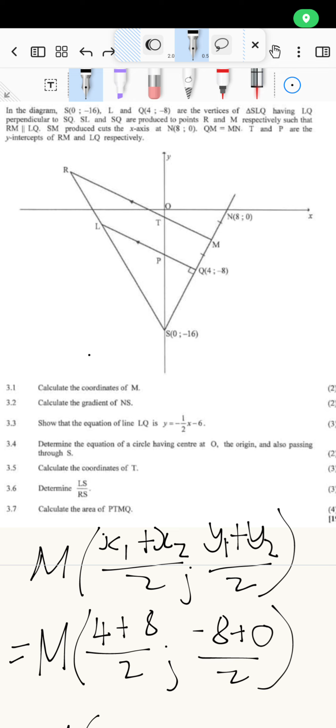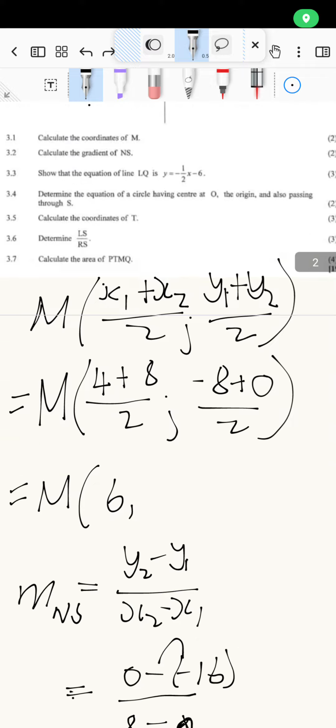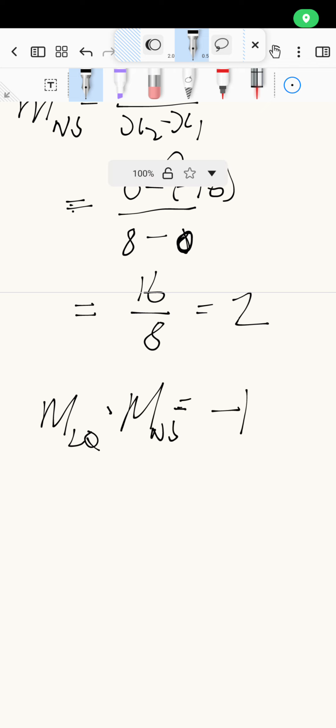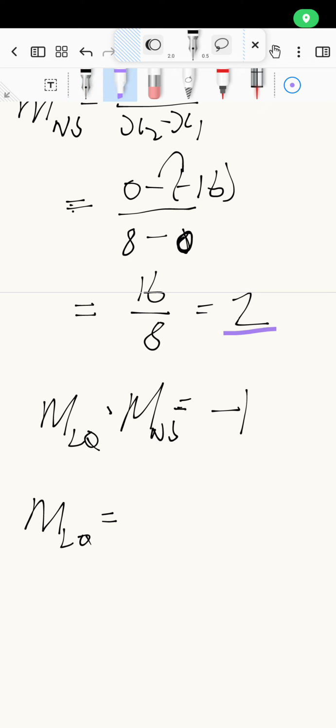In order to find the gradient of LQ, we know that m of LQ multiplied by m of NS should give negative 1. So the gradient of LQ equals the negative reciprocal: change the sign and you flip it. We know there's a 2 over 1 there, so I'm going to make it negative and flip it around. Okay, so that was the gradient.